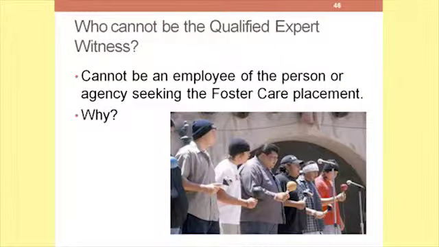And that's really what we're looking for. Evidence to ensure that the foster care placements and termination of parental rights that are happening in Indian Child Welfare Act cases aren't happening because of institutional bias.